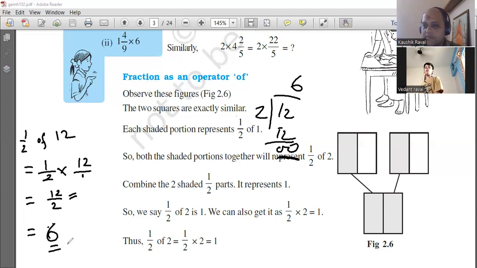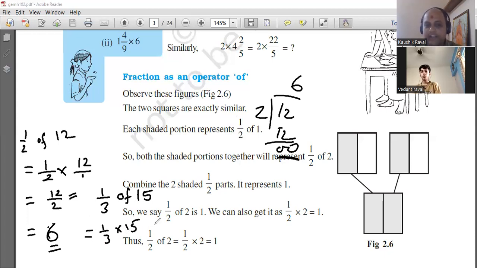Okay. So half of 12 or 1/3 of 15. What does it mean? 1/3 of 15. 1/3 multiplied by 15. What will be the answer? 15/3.